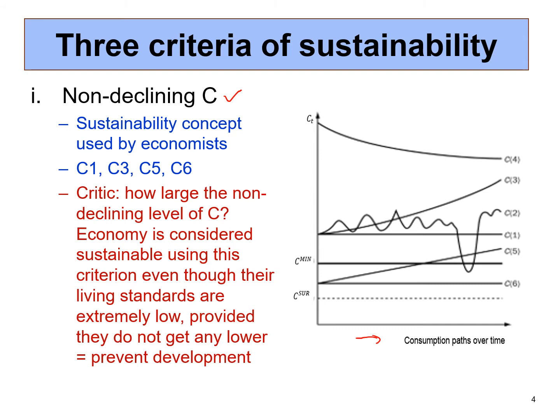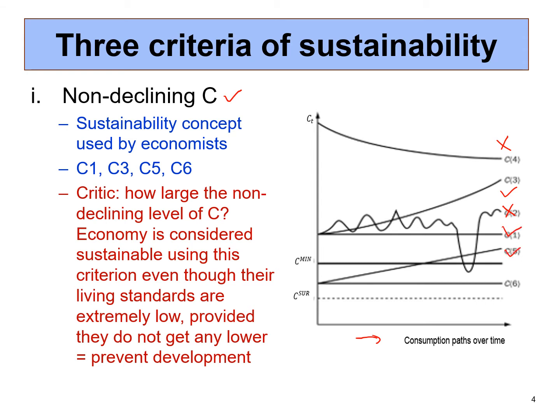The first one, no, it doesn't fulfill our criterion of non-declining consumption. Second one, yes. The third one, you have up and down, no. And the next one is a static or constant consumption path. Because it is constant and there is no declining of consumption, yes, it fulfills our criterion.